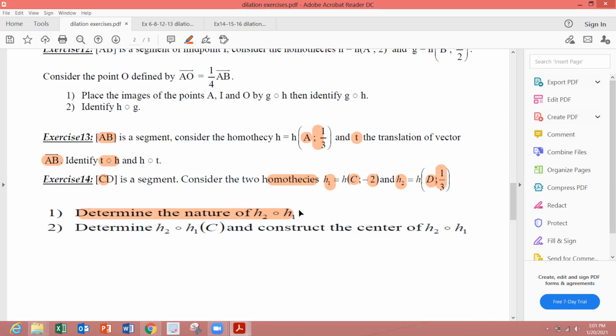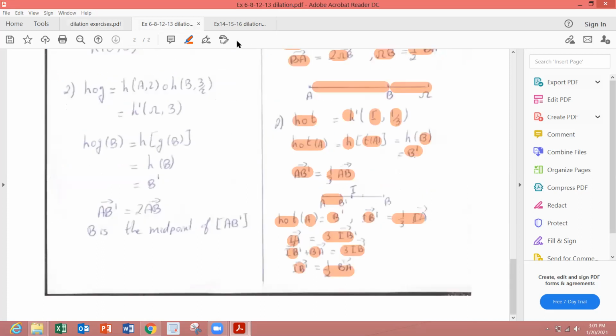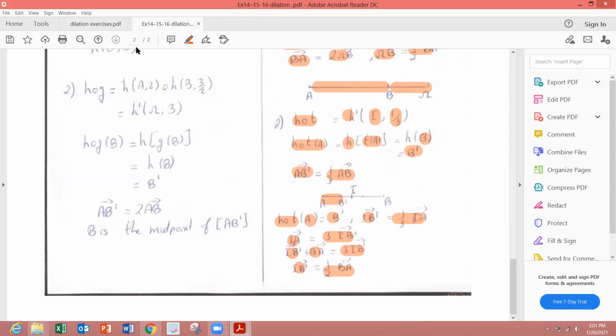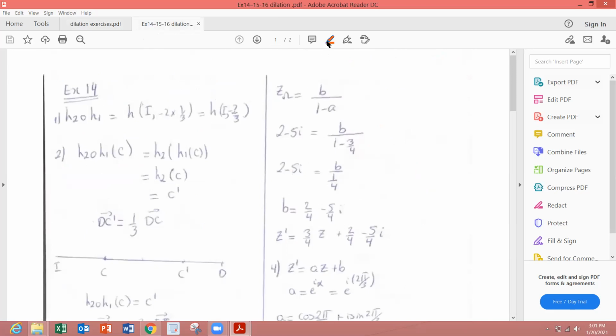So H2 round H1 is a dilation of center I and ratio -2 times 1/3, which equals a dilation of center I and ratio -2/3.